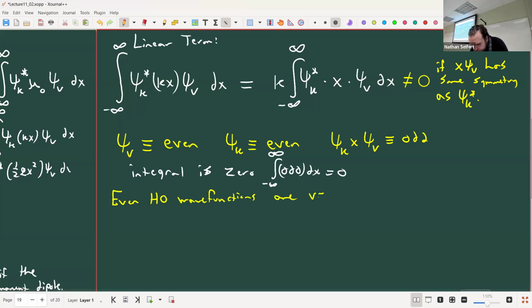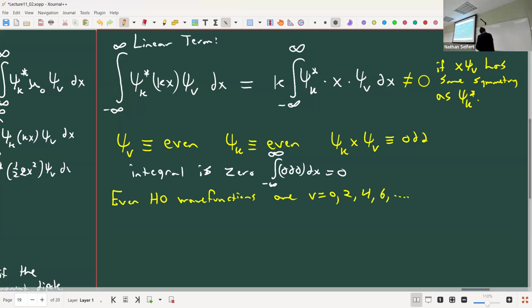So what this is telling me is that if I go from an even state to another even state, I don't get any intensity.